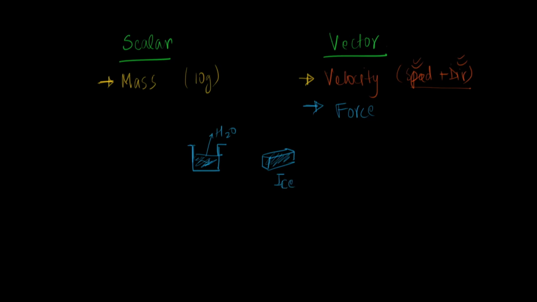Now, if we try to touch both of them, then this seems kind of lukewarm or a little bit cold, maybe even a little bit warm. And we attribute that by saying that the temperature of this beaker of water is normal, or we could say it's greater than the temperature of ice, because if you try to touch ice, it feels very cold. And at that point, we can say the temperature of ice is very low compared to the temperature of water.